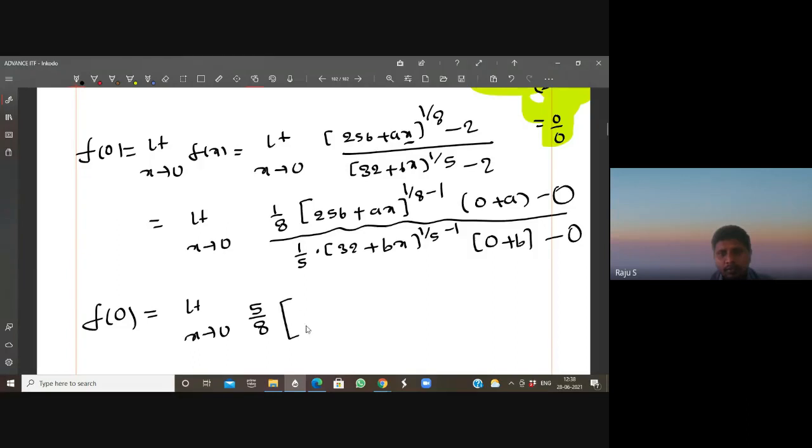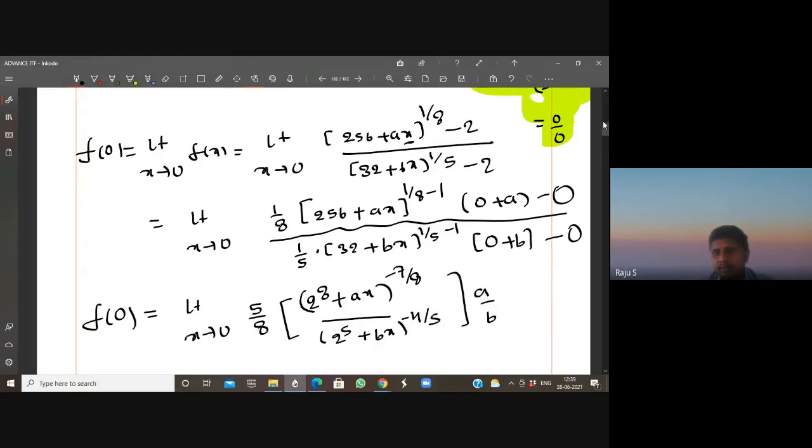Yes or no? 256, shall I write 256 as 2 power 8 plus ax, all to the power of minus 7 by 8, by 2 power 5 plus bx, all to the power of minus 4 by 5, into a by b.